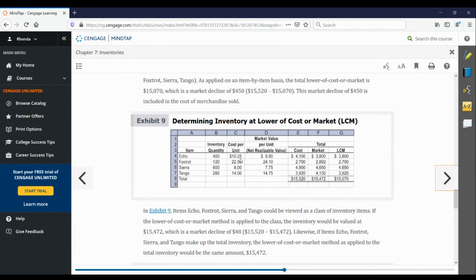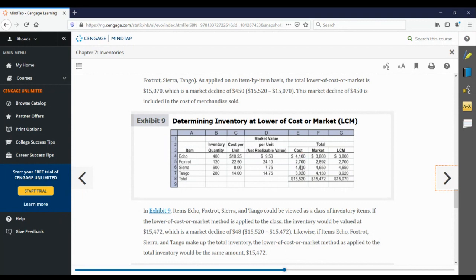First of all, they give you the cost per unit. To determine the cost that we would already have on our records for the Echo is the ending inventory quantity, which is 400 units, at the cost per unit of $10.25. That will give you the total cost that they've recorded in column E in this example of $4,100.